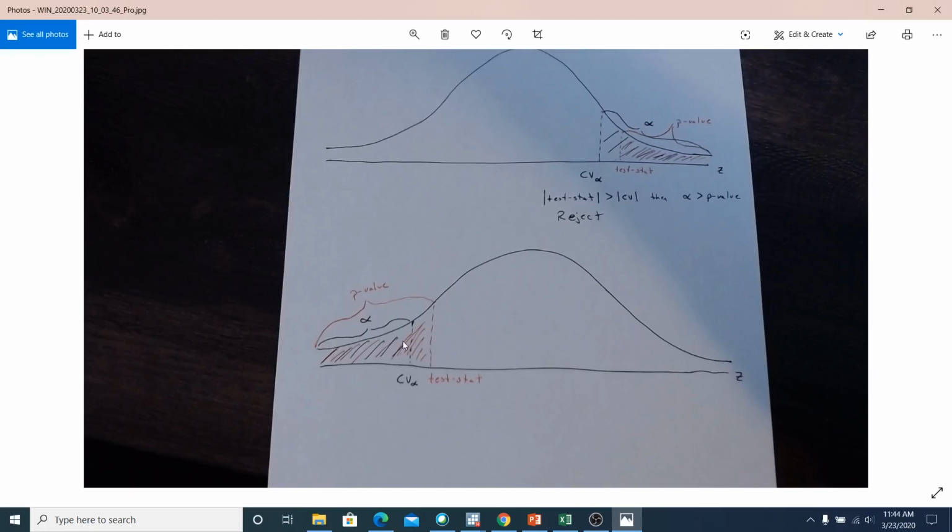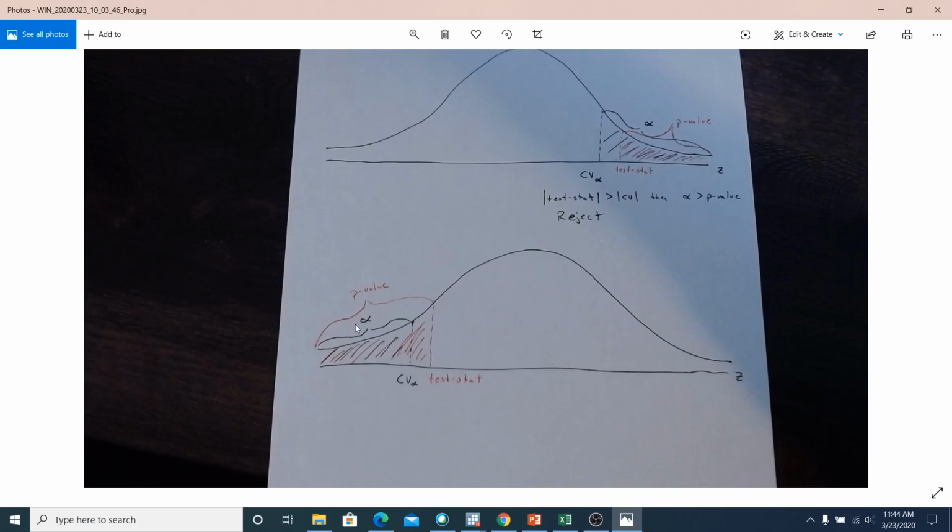And I have the same thing drawn out for a left-tailed test. Here, in order to avoid using less than, greater than, notice this is a scenario I drew where the test statistic is in fact less than, in absolute value, my critical value, or it's outside my rejection region. Once it's outside my rejection region, the area to the left of my test statistic represents my p-value.